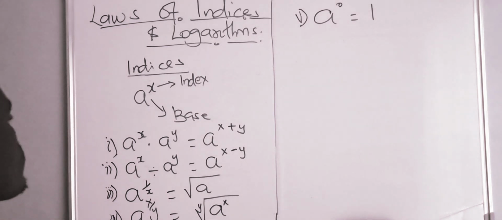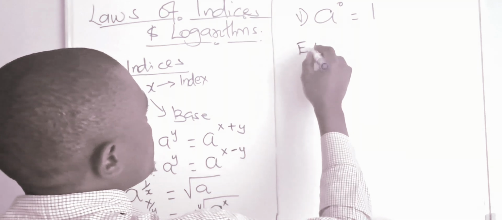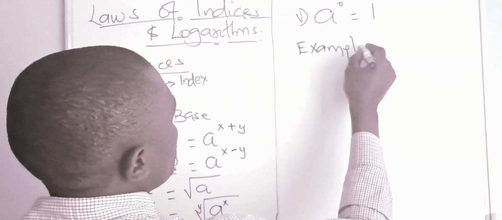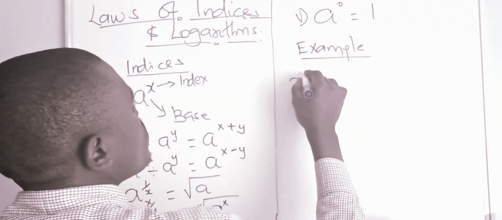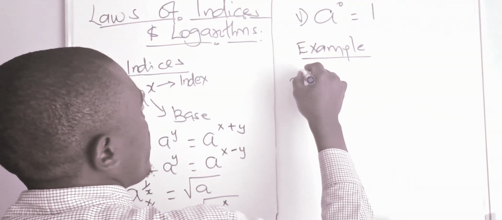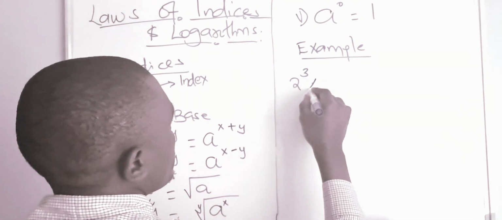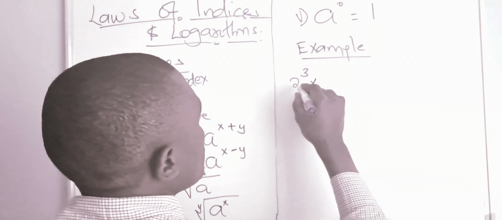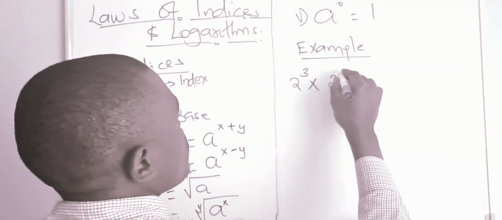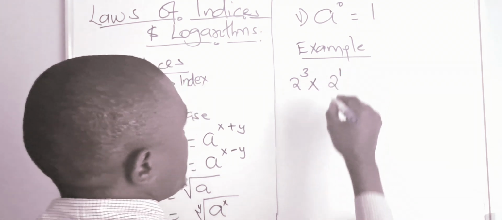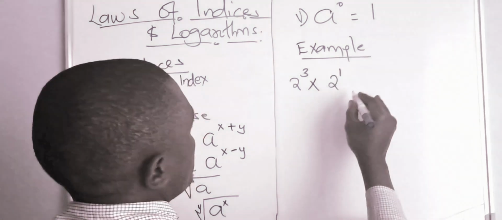An example. Let's begin with this example here. 2 raised to 3, multiplied by 2 raised to 1.